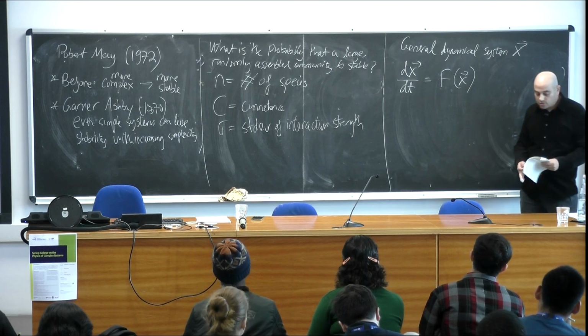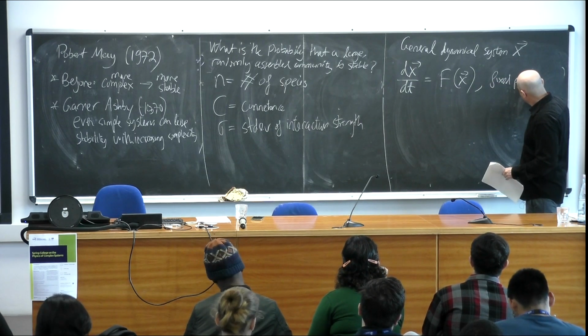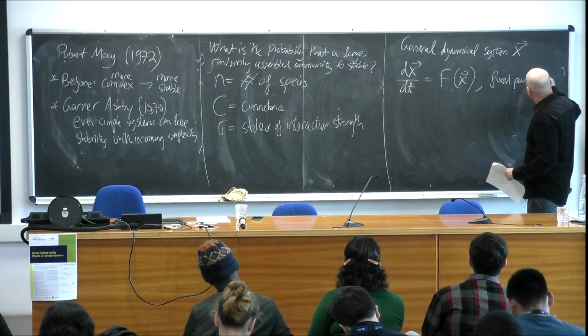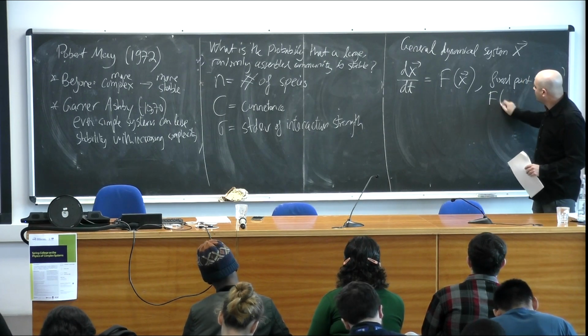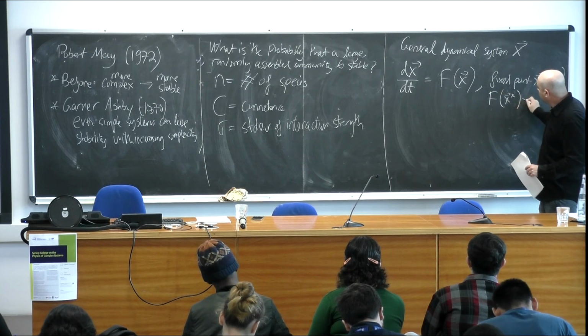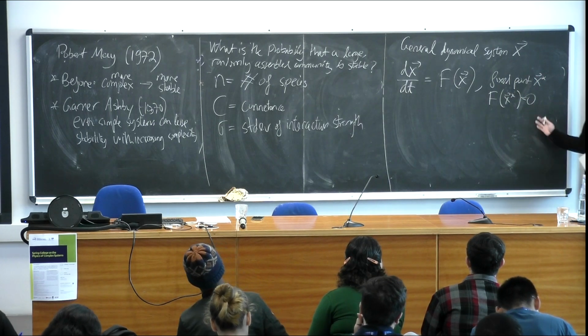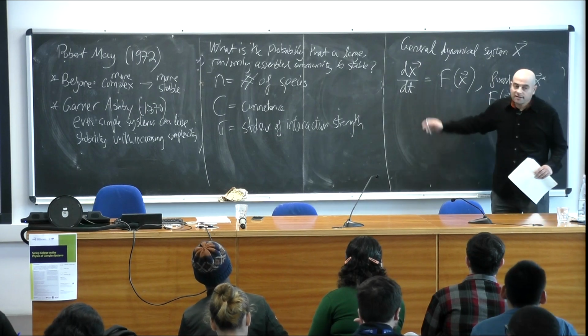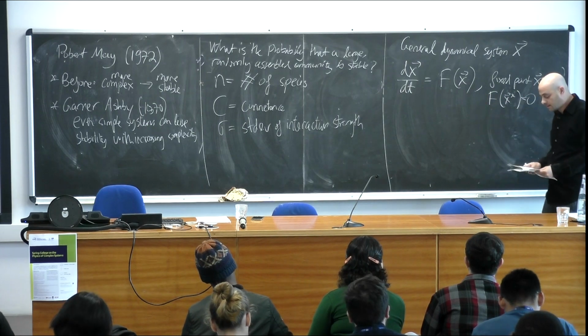So let's assume that it has a fixed point, x star, right, such that, of course, f of x star is 0, right? That's what makes it a fixed point, right? So this is 0, and then dx/dt is 0, and then we're at steady state.